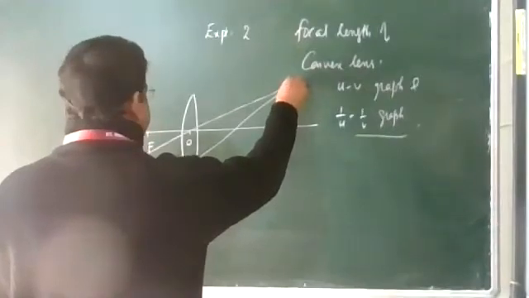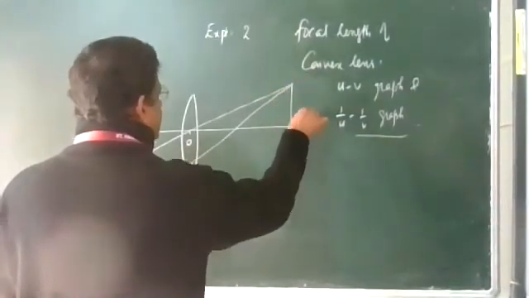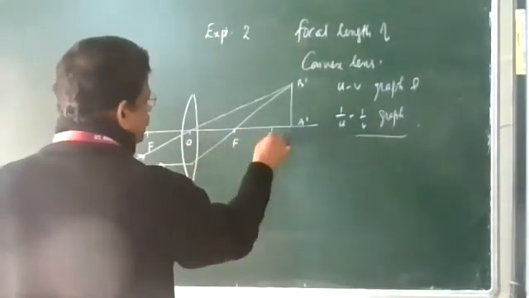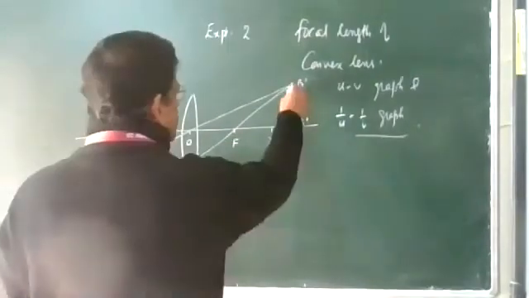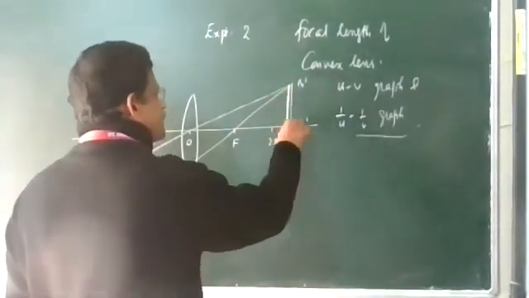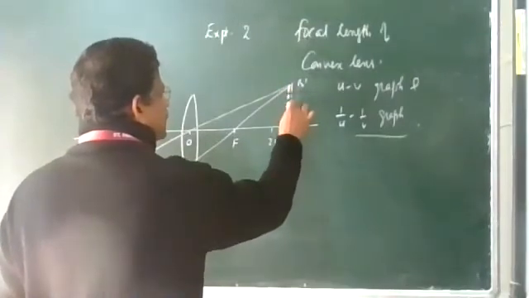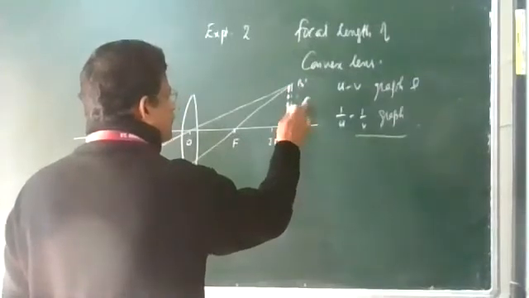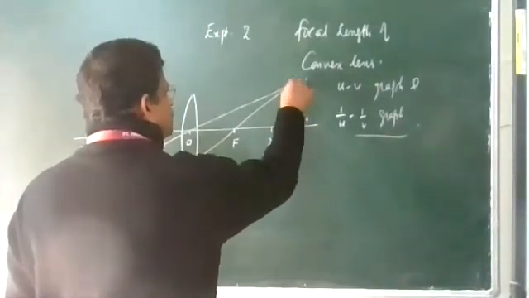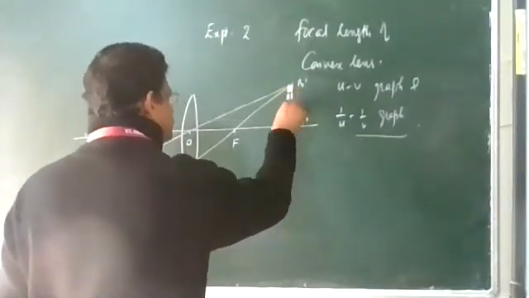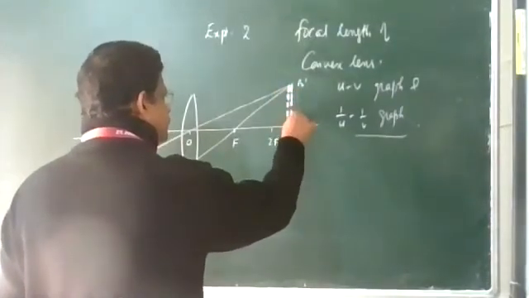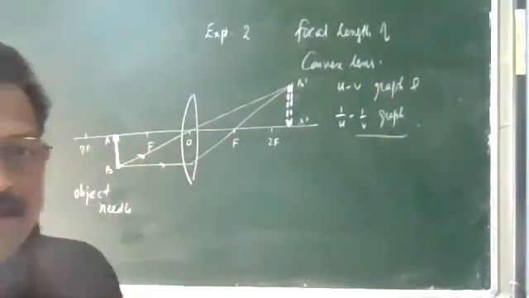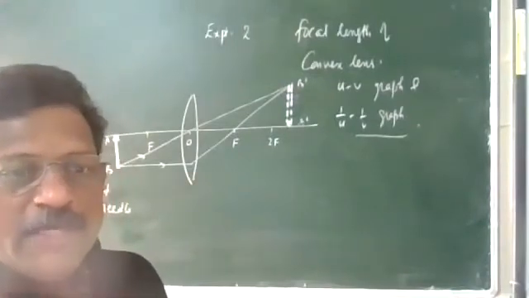So here we are getting an inverted and magnified image between F and 2F. This is the inverted image, A dash B dash.